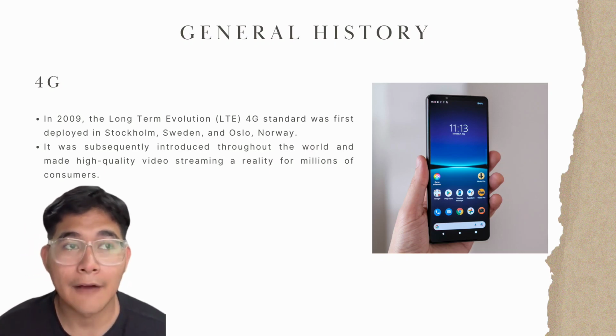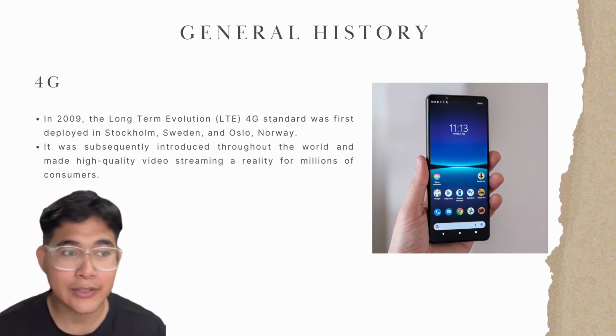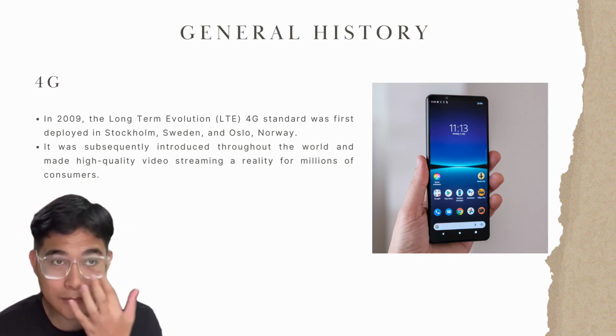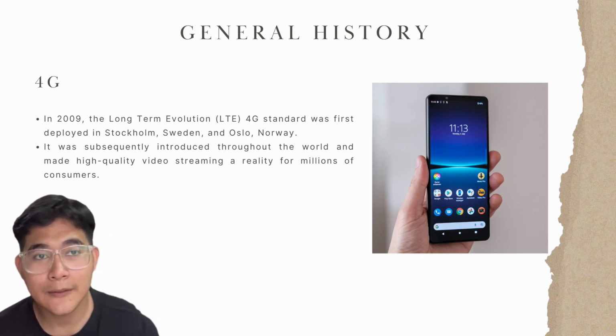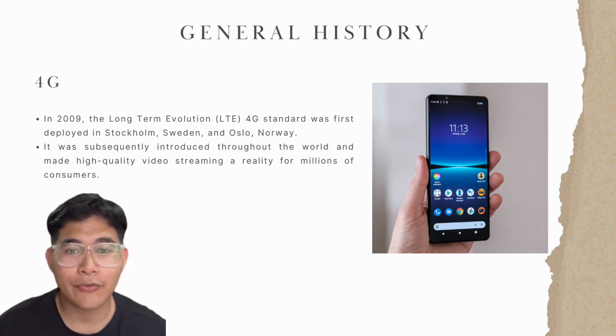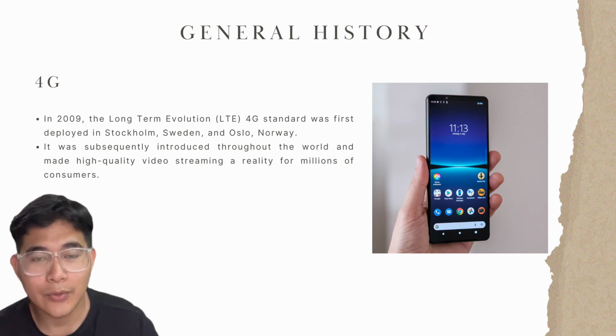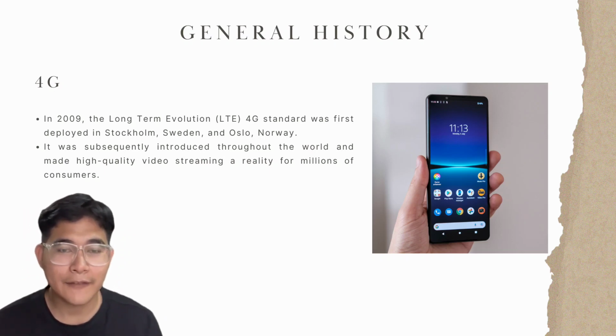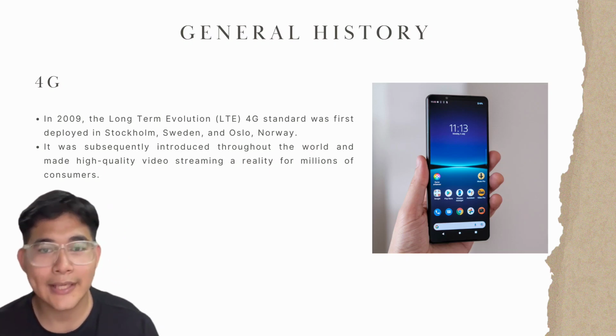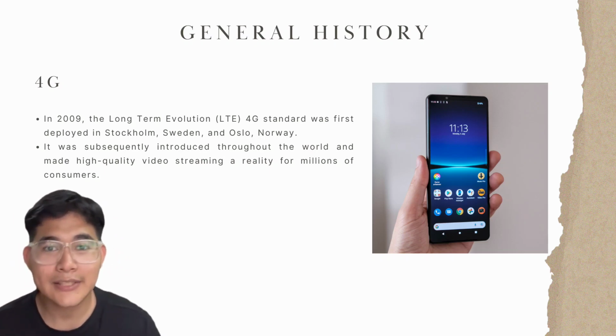So after we got 4G technology, we can watch HD video from the internet like YouTube, or we watch K-drama or Netflix. So finally we can watch in HD streaming.